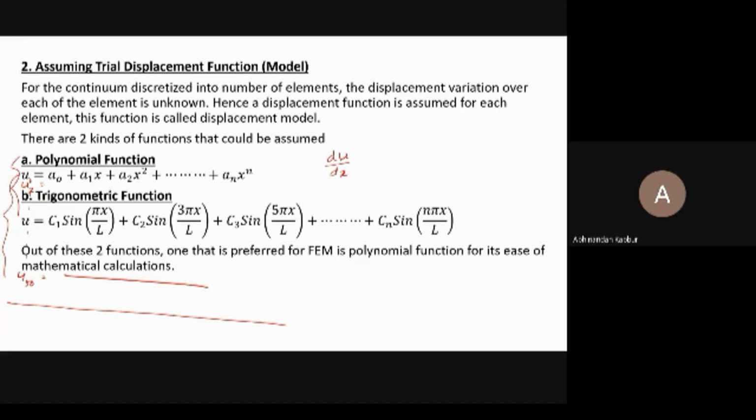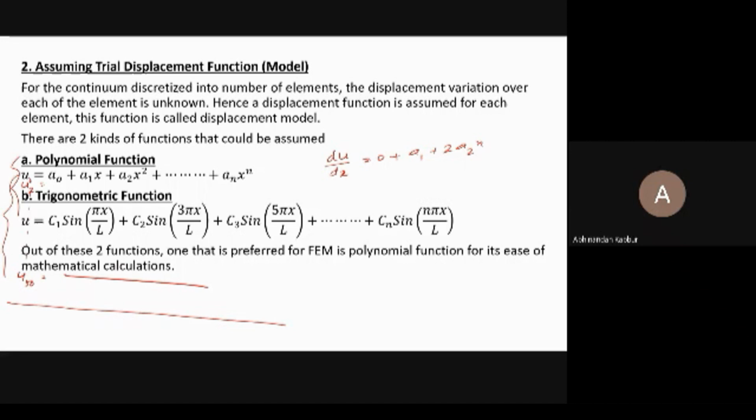If I differentiate a polynomial function, it becomes very easy. How to differentiate this? a0 is constant, so 0, plus differentiation of a1 x is a1, plus differentiation of a2 x square is 2a2x. Like this, differentiation of these functions becomes very easy.